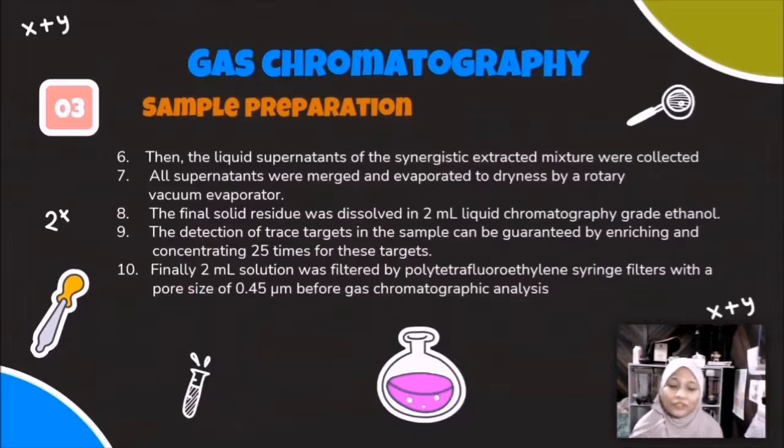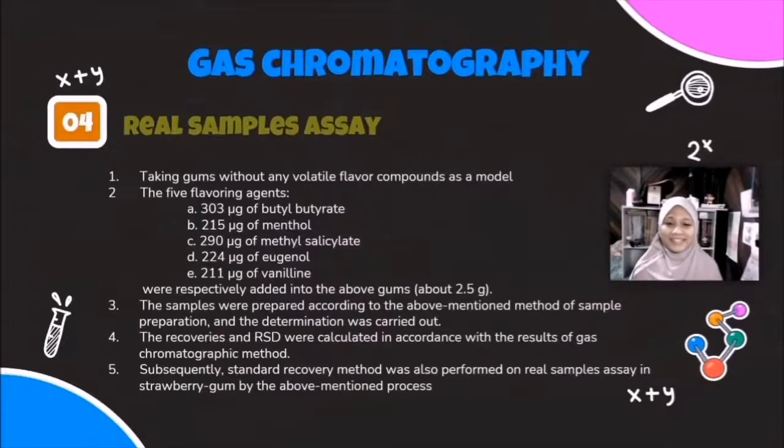The detection of trace targets in the sample can be guaranteed by enriching and concentrating 25 times for this target. Finally, the 2 ml solution was filtered by polytetrafluoroethylene syringe filters with a pore size of 0.45 micrometer before gas chromatographic analysis. Fourth, real samples assay.